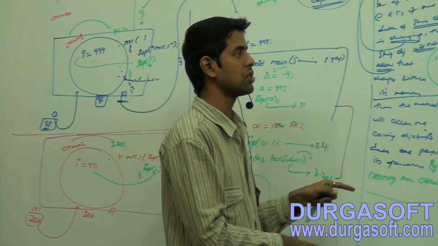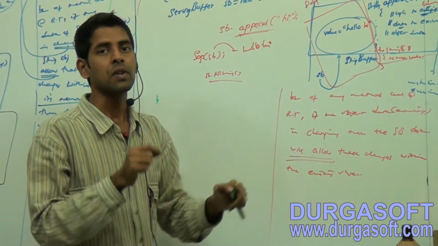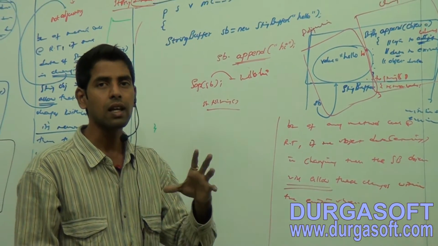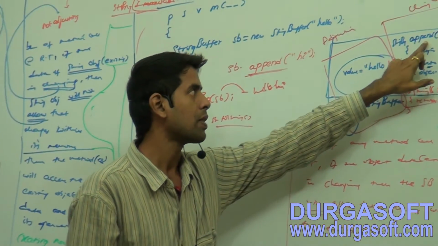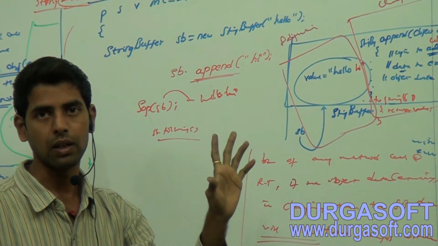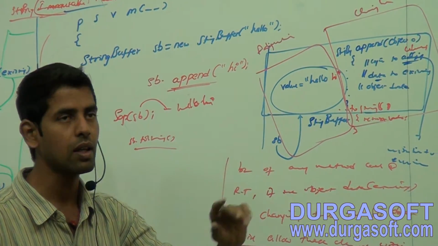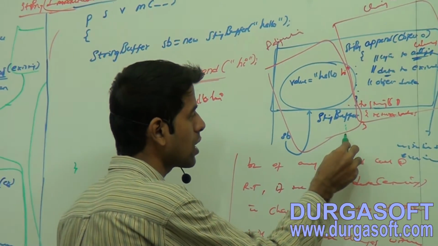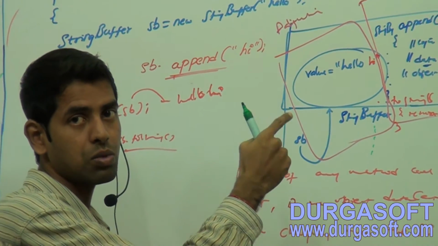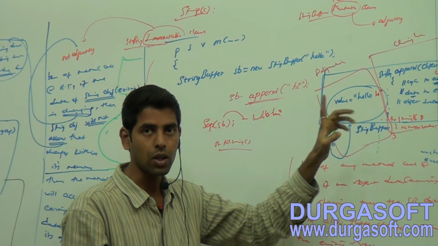Like that, the StringBuffer object's class has many instance methods. Among those instance methods, I have taken the append method, and also the toString method. Still many methods are there, guys. Those will be available with the object and maintained by the JVM within the object.